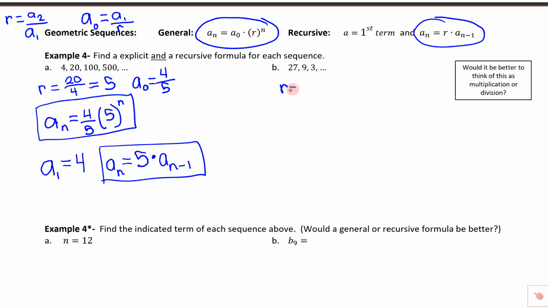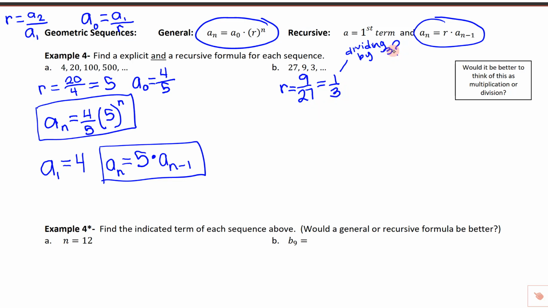So if you take the second term, 9, and you divide it by the first term, and you simplify that, 1/3, right? So remember, this is like you're dividing by 3 if you're multiplying by 1/3. You take the reciprocal of it and we're multiplying.